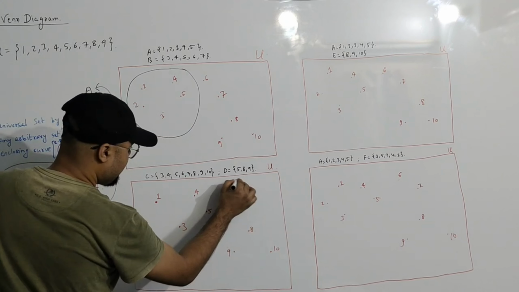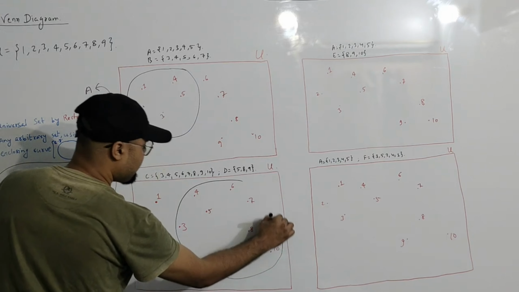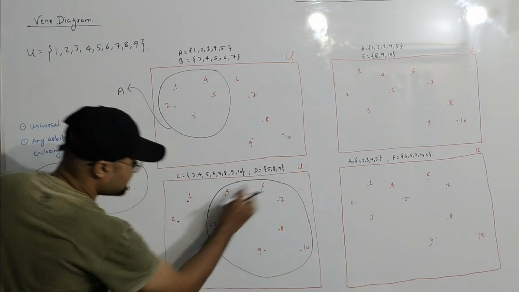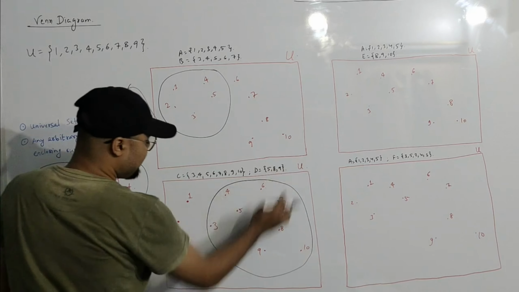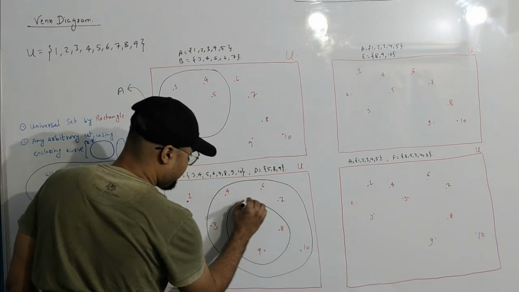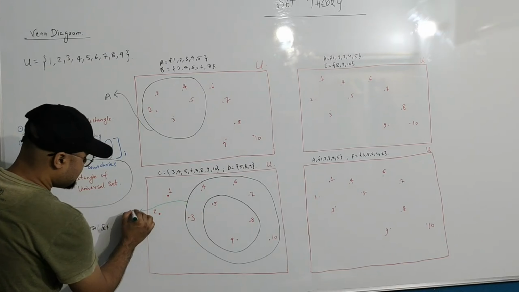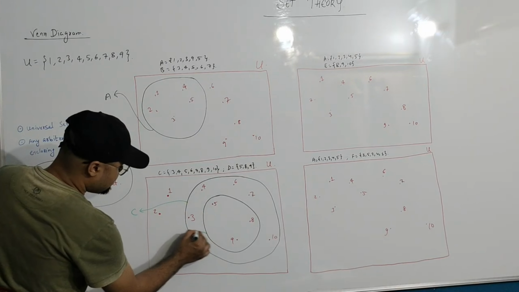All of this will come under C. This is the set C. Now D is 5, 8, 9. So this is D. This is C. This is D.